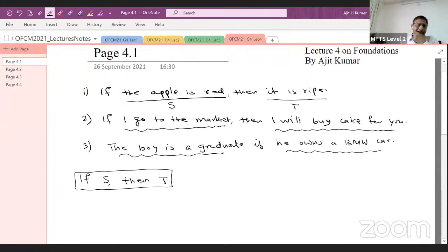Before I look at that, see, the same statement can be written in different ways. Already I have given you two ways of writing the same statement. The boy is a graduate if he owns a car is equivalent to if the boy owns a BMW car, then he is a graduate.